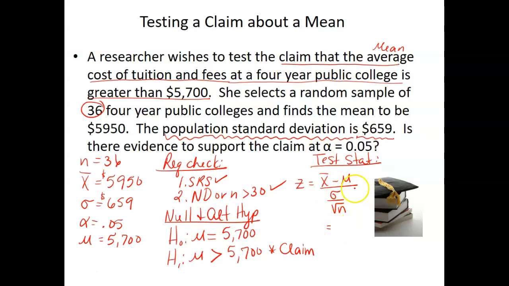When I substitute in here, x bar we said was 5,950. Mu is 5,700. Sigma is 659, and n is 36. So when I put that all in my calculator, I get a test statistic of 2.276.